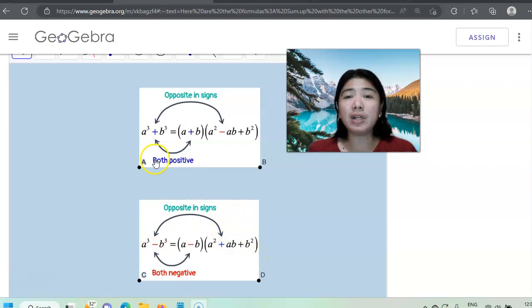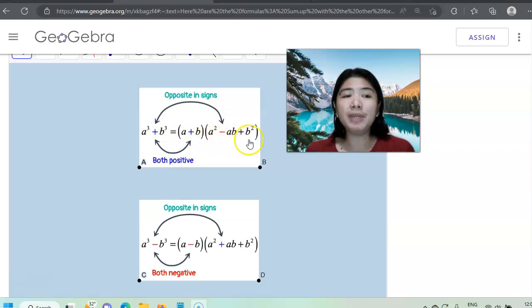Again, in factoring the sum of two cubes, you get the cube root of the first term and the cube root of the second term. For the first factor, for the sum of two cubes, you sum up the two cube roots for the binomial sum factor.